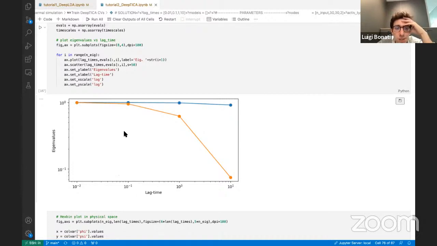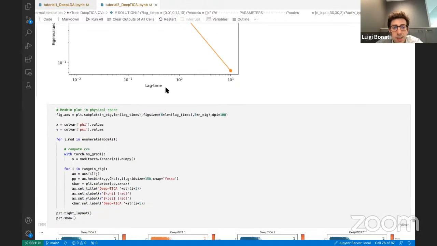Still, as before, a lag time between 0.1 and 1 gives quite good values if we want to recover both leading CVs.